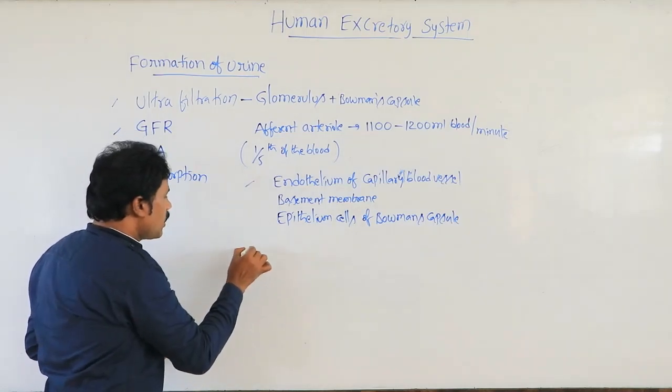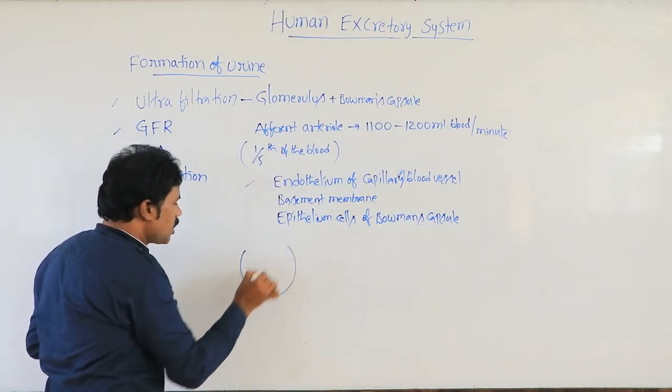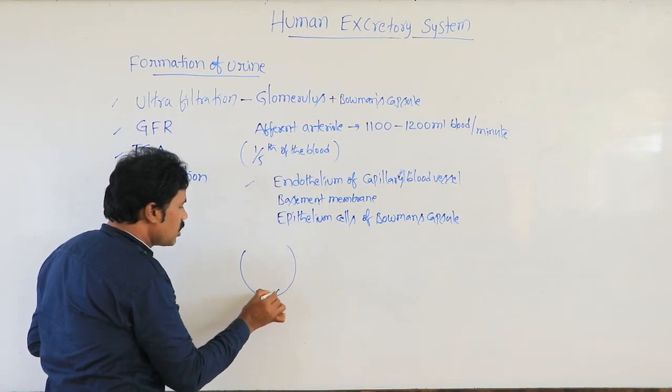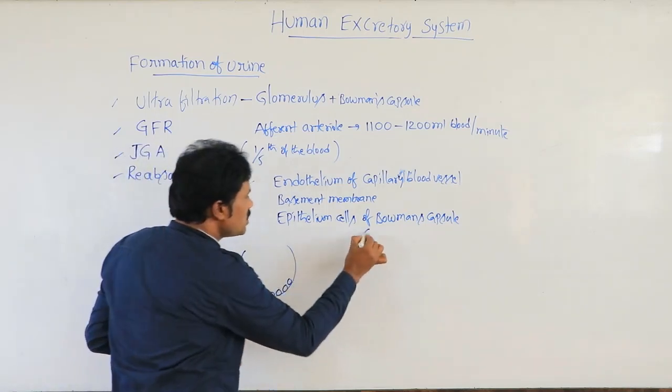For understanding purpose, this is Bowman's capsule. Here specific cells are present, which we call podocytes, arranged in an interlocking manner.